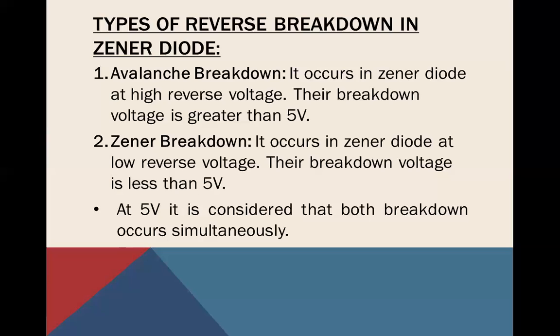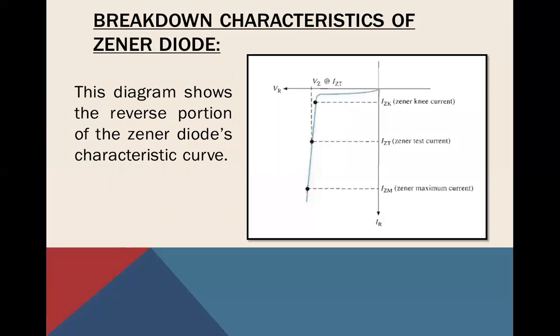If we consider a Zener diode at a voltage of 5 volts, we can see that both avalanche and Zener breakdown will occur simultaneously. Now, if we talk about the characteristics of a Zener diode in the breakdown region, this graph shows the reverse portion of the Zener diode characteristic curve.